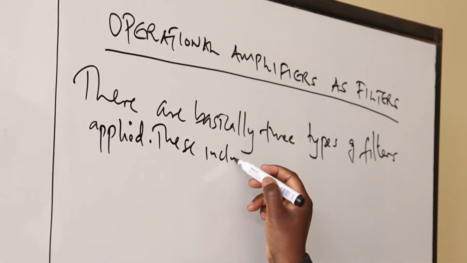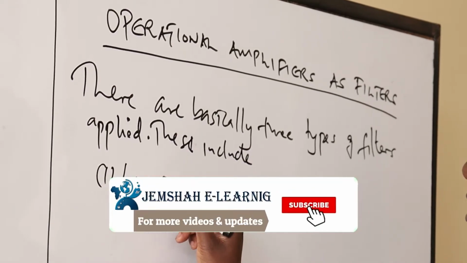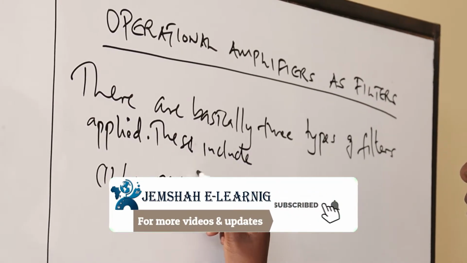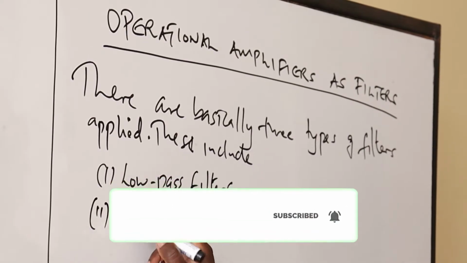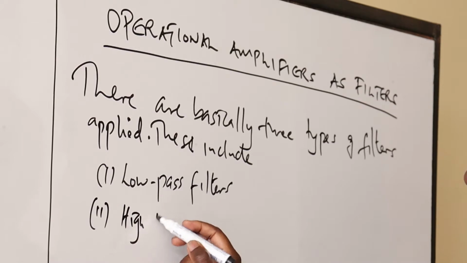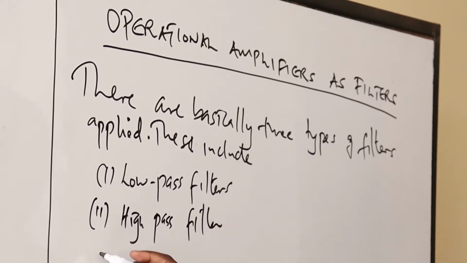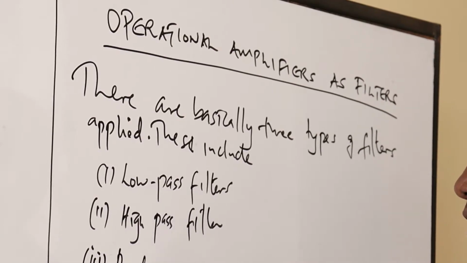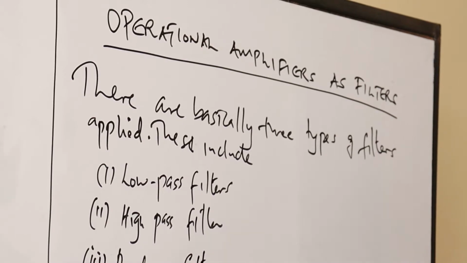These include number one, the low pass filter; number two, the high pass filter; number three, the band pass filter. So I'm going to start with the low pass filter.